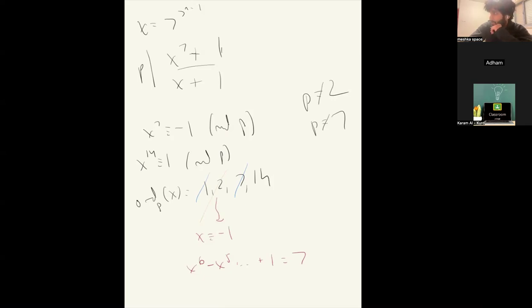So now let's see, does that help us? We know p divides this if and only if that number has order 14. I don't know what to do with this. Can there be common factors? I'm not sure.